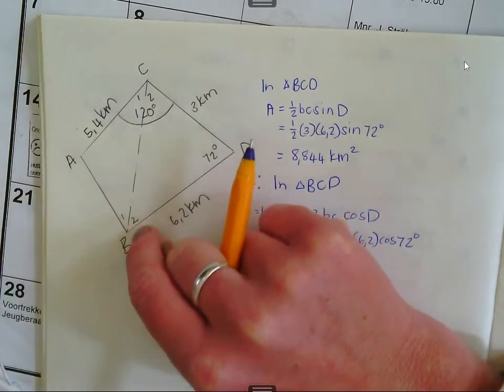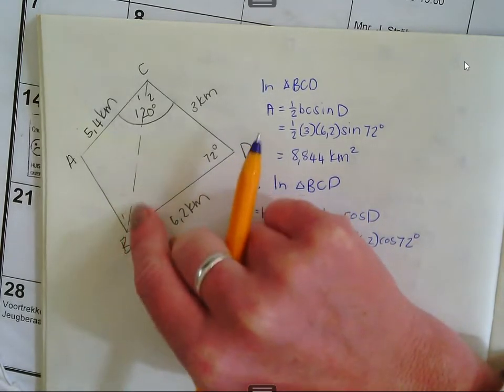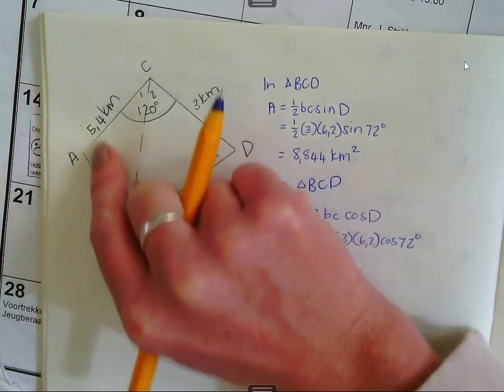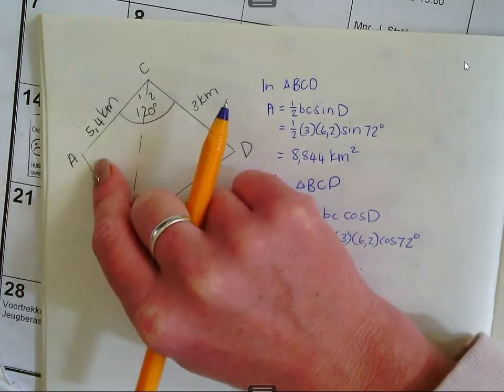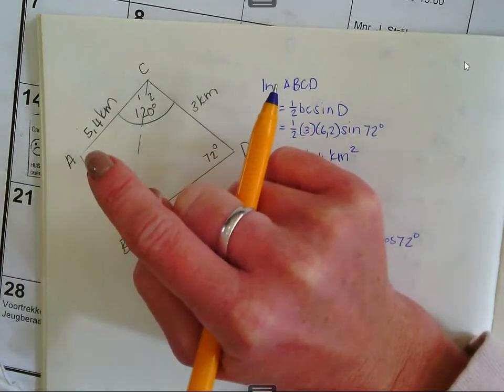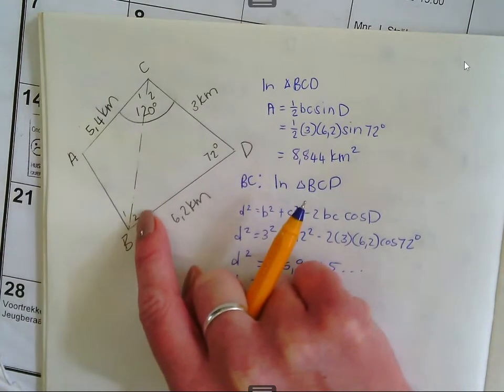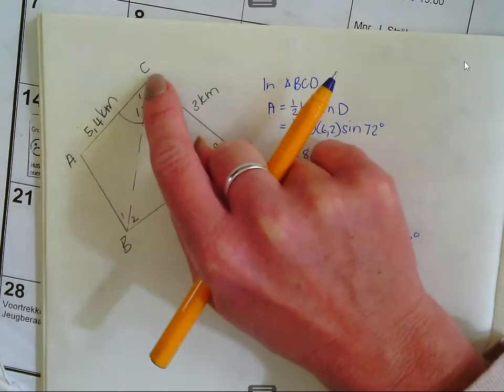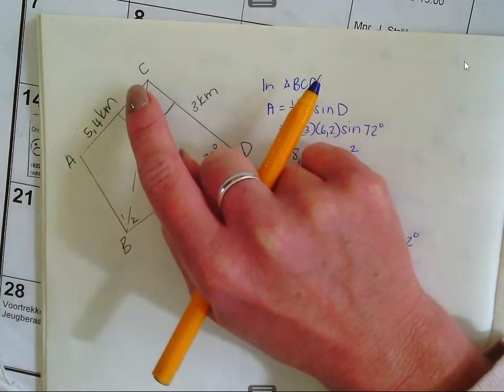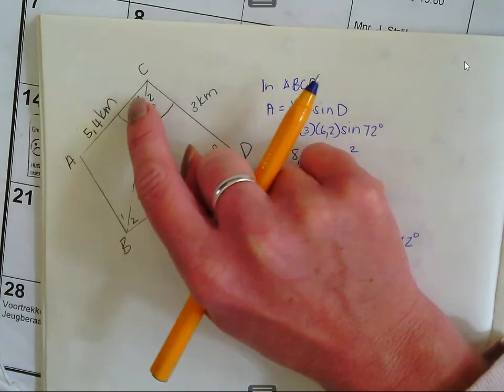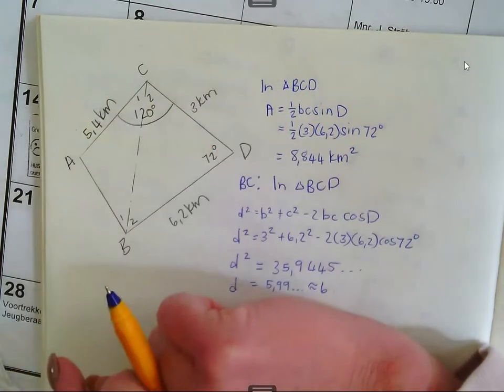If there is a way for me to find angle B, then I know I can find angle A with the interior angles of a quad, but I can't find B1 and B2. I can only find B2. Do you agree with that? I have angle C as 120, but I don't know what C1 and C2 is.